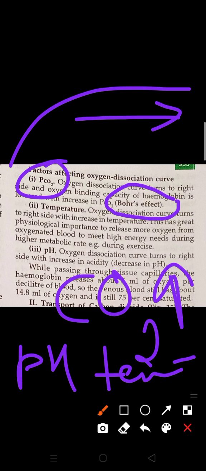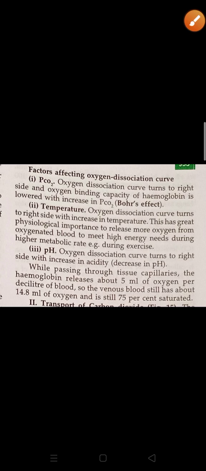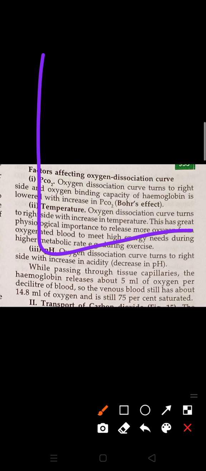ये राइट को मूव कर रहा है, okay, it moves towards the right. If movement takes place towards the right, it indicates the dissociation of HbO2 into Hb plus O2. If you remember, in the last class I told you about this curve, the oxygen dissociation curve.